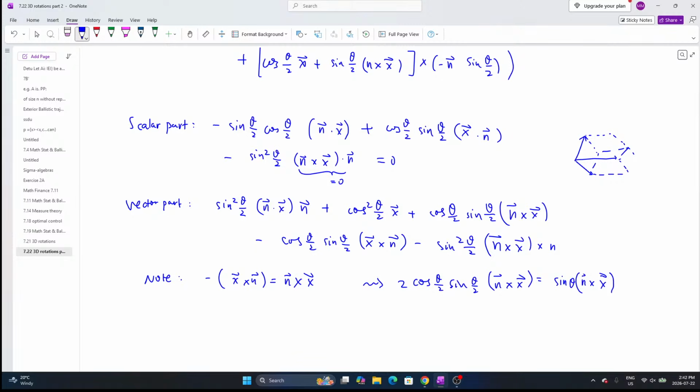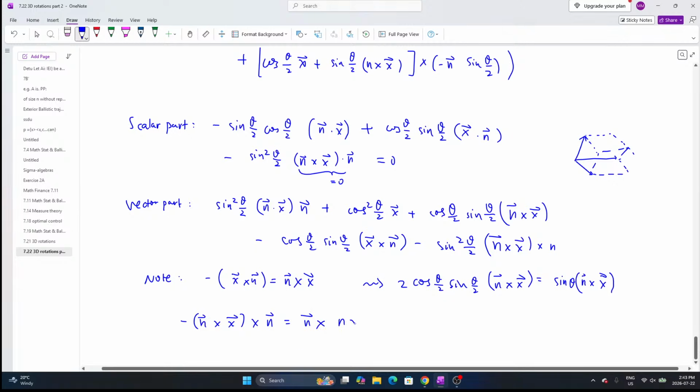And we also need the vector triple product identity. So the vector triple product identity, remember, you have the ABC-CBA rule, right? So first of all, minus n times n cross x, n cross n, which is n cross x. There you go.